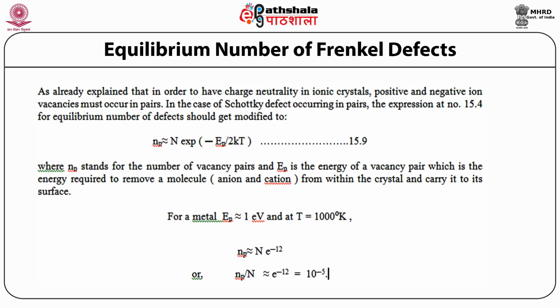As already explained, in order to have charge neutrality in ionic crystals, positive and negative ion vacancies must occur in pairs.